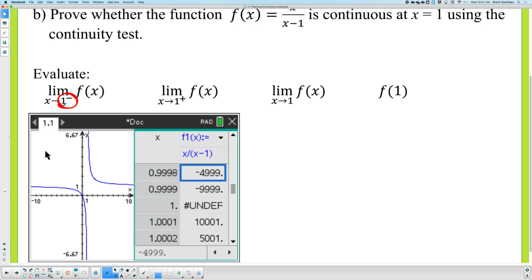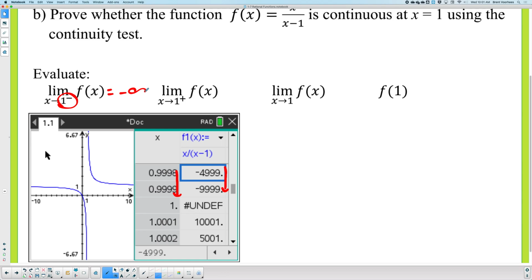As I approach 1 here, you see how these are getting closer and closer to 1? If you look this way, what does it appear that the y values are approaching? Are they approaching a number, or are they just going to negative infinity? They're decreasing without bound quickly. You see how that's almost negative 5,000? That's almost negative 10,000. You see how it's going down really fast? That means this is decreasing without bound. So put, it's falling, negative infinity.